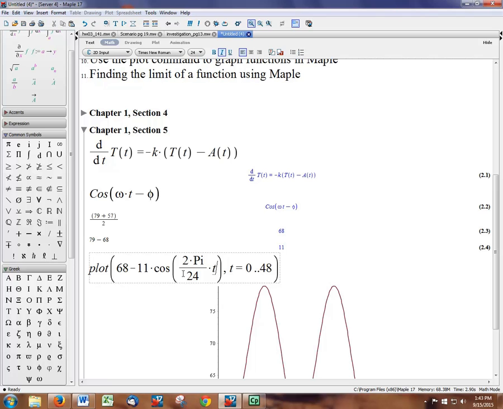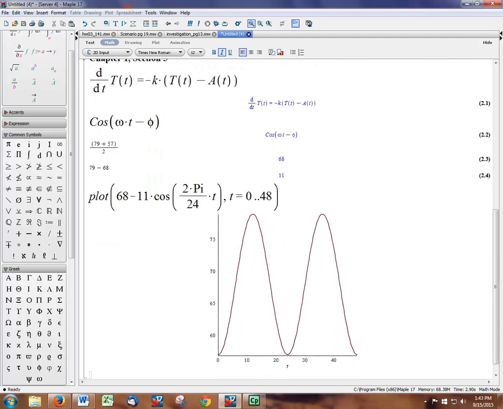It takes 24 hours to cover that time. So if I look at that graph, I get this graph. High temperature is at noon, which is okay. Low temperature is about 22, 23 hours, somewhere around there. Seems like we're doing a good oscillation.